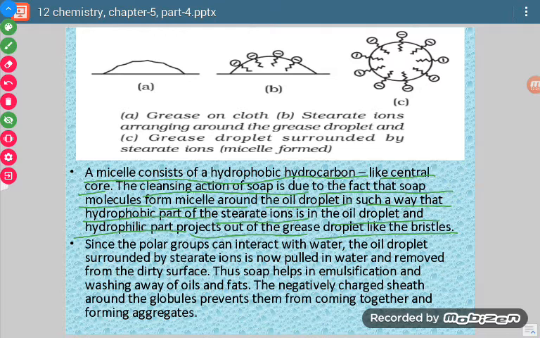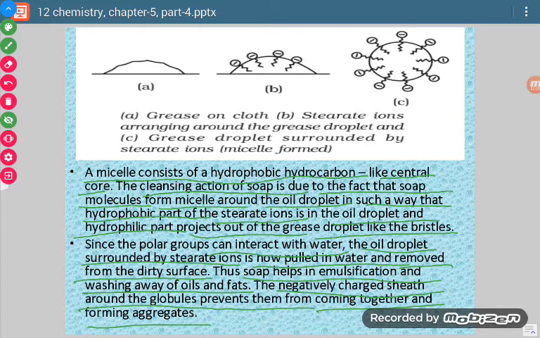Okay, since the polar groups can interact with water, the oil droplet surrounded by the stearate ion is now pulled in water and removed from the dirty surface. Thus soap helps in emulsification and washing away of oils and fat. The negatively charged sheath around the globules prevents them from coming together and forming aggregates.